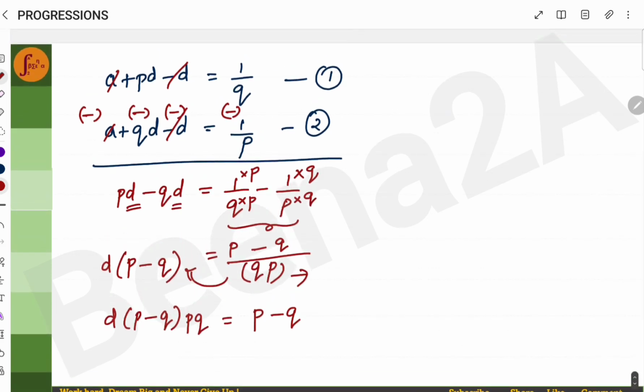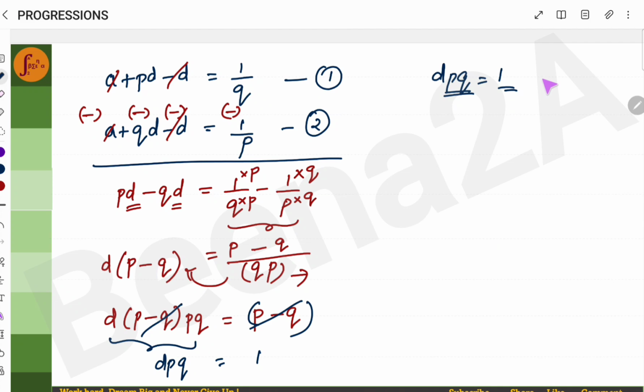Now if you notice, P minus Q and P minus Q will get cancelled. This is in multiplication, so we can cancel P minus Q and P minus Q. So we'll get D PQ is equal to 1. There's nothing here, means it's 1. So if D PQ is equal to 1, this indicates that D is equal to 1 by PQ, right? Difference is 1 by PQ.